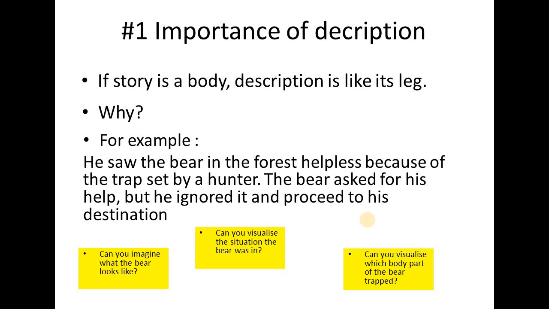Which leg? You have no idea. This kind of ambiguity is something we have to avoid when building our story. I can go further with many different kinds of questions, the list continues, but the conclusion is that this is not effective enough for readers to feel interested in continuing the reading.